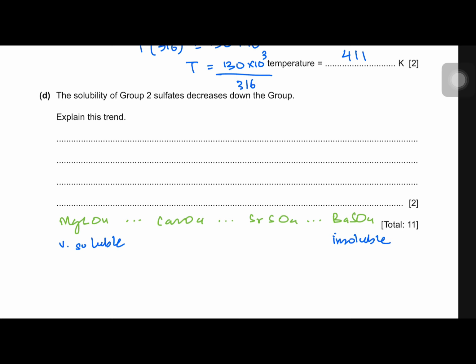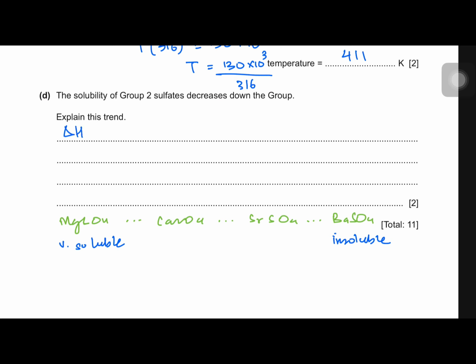The reason basically is that hydration and lattice energies both decrease. They both become less and less exothermic. But what actually happens is that the hydration value decreases more.